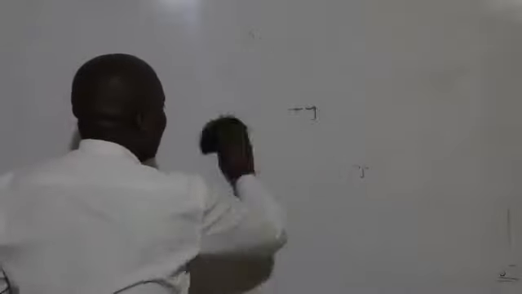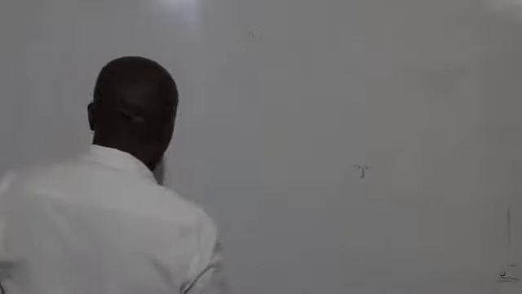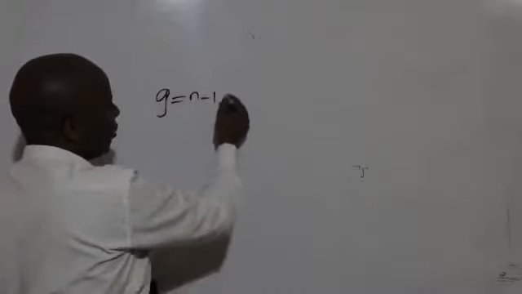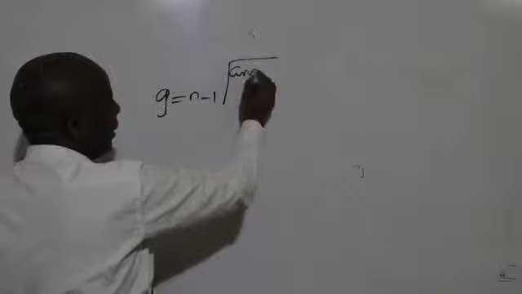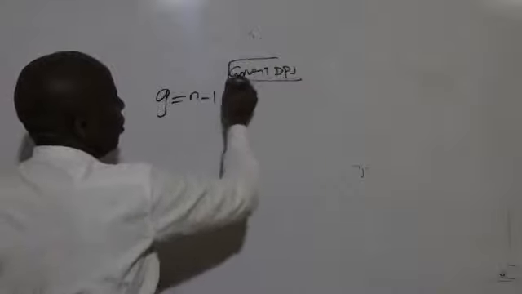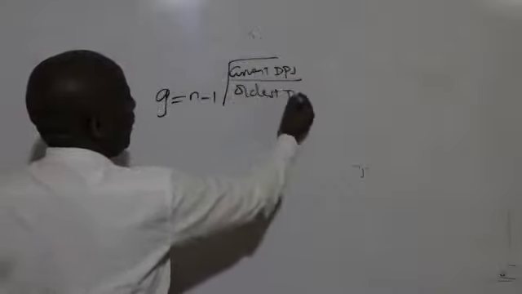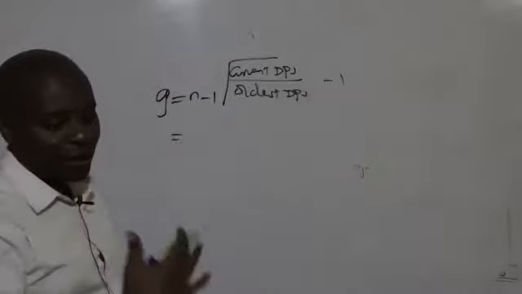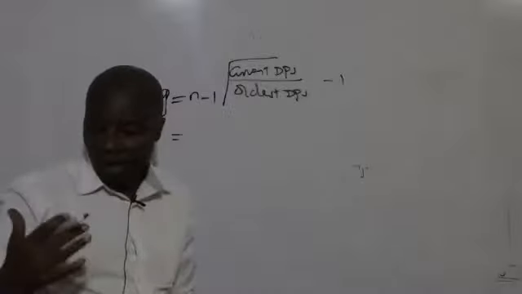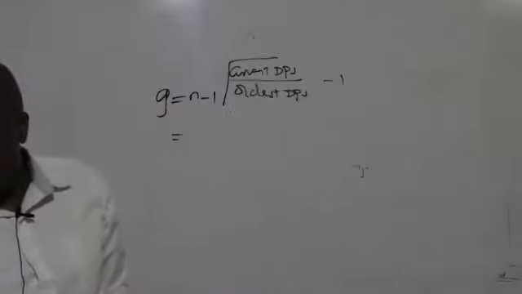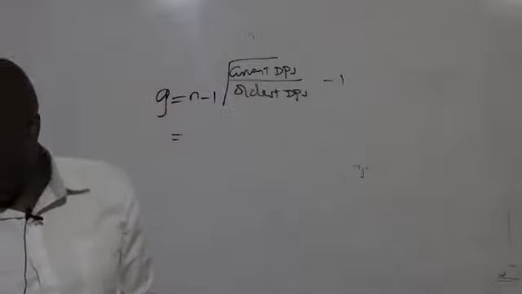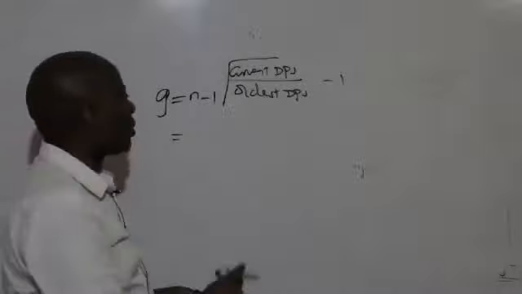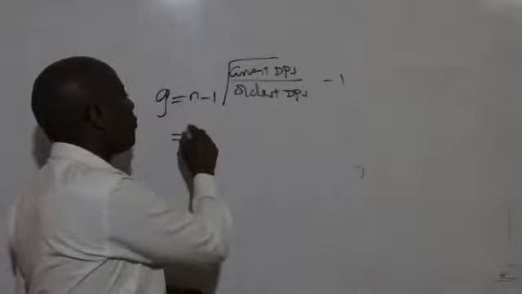So the first thing that I'll do is to give my examiner the growth rate, which will be the n-1 root of current DPS all over the oldest DPS, minus 1. So this n, they have given us a series of dividends over, I think, 3 or 4 years. 4 years there, 2018 to 2015.